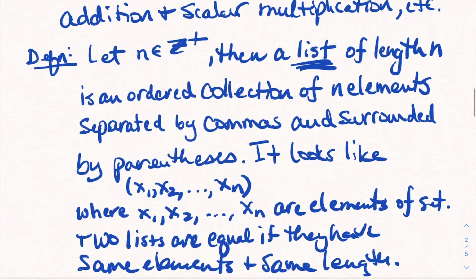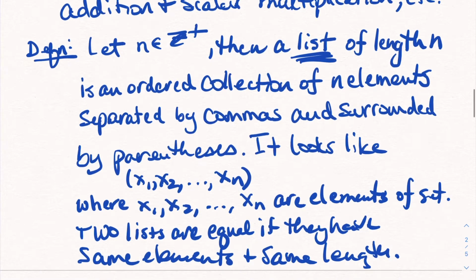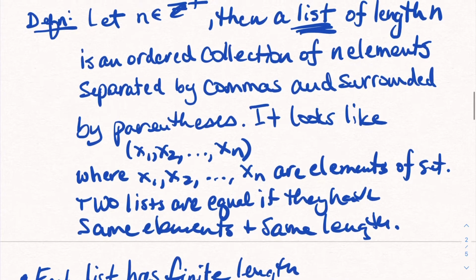One definition that I do want to spend a little time on, maybe I should move this down just a little bit, is the definition of a list. So this is in your textbook as well, and this will be really important for us going forward. So n is going to be a positive integer, and we are going to refer to a list, and in particular a list of a certain length, so of length n here.